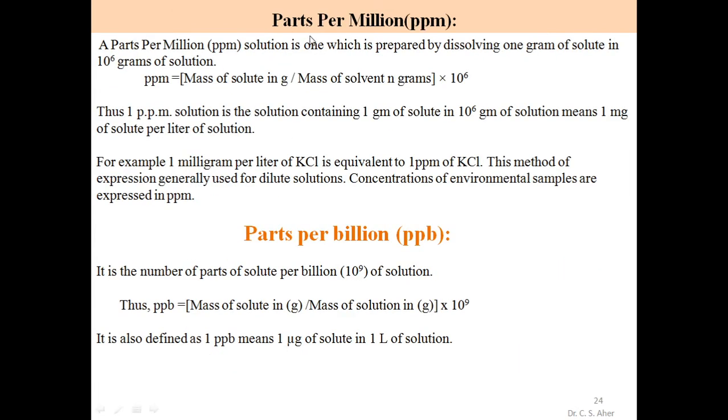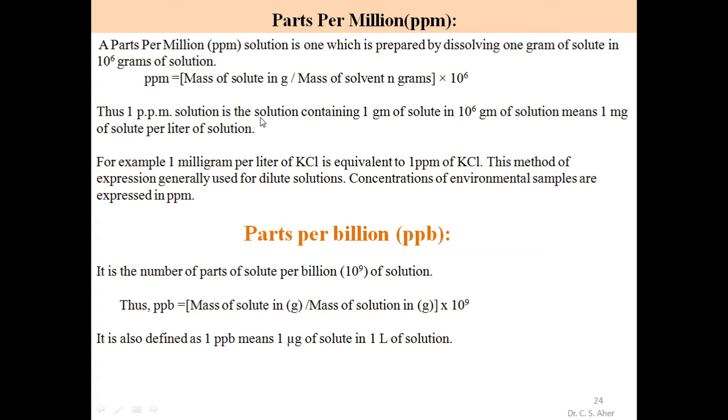Next, concentration is expressed in parts per million, ppm. What is this? A ppm solution is one prepared by dissolving 1 gram of solute in 10 raised to 6 gram of solution. So ppm is equal to mass of solute in gram upon mass of solution in gram into 10 raised to 6.